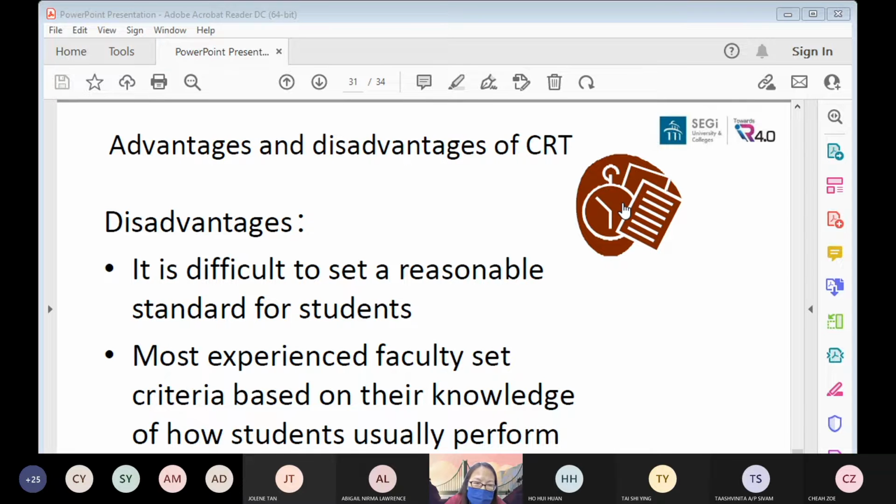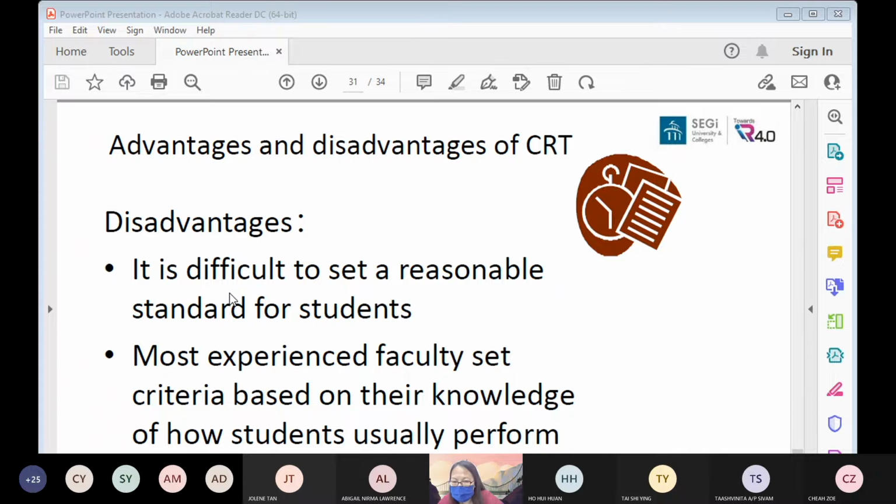Can you tell me what is criterion reference test? Based on what? Look at the title. Criterion reference test. Based on what? Advantages and disadvantages.